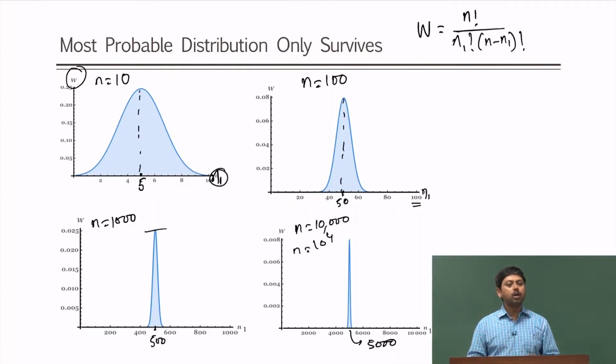We have to go 19 more orders of magnitude in order to reach 10 to the power 23, which is just 1 mole of particles. Imagine what will happen to this particular graph. Even a 0.00000001% deviation will have an extremely small probability.